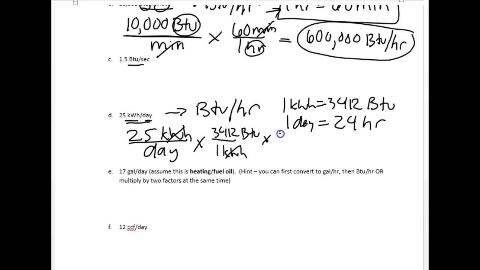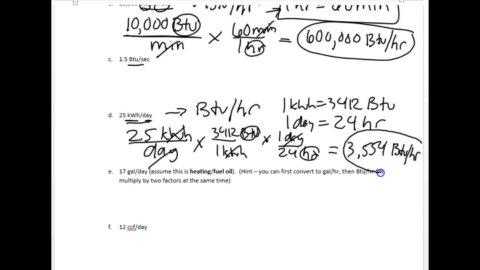So 1 day is 24 hours. So then days cancel out with days. I look here, I'm left with BTUs per hour, okay? And what I end up with is 3,554 BTUs per hour. And that's it, okay? Just circle your answer, and really, it's really that easy.